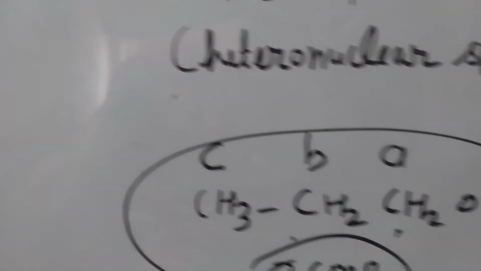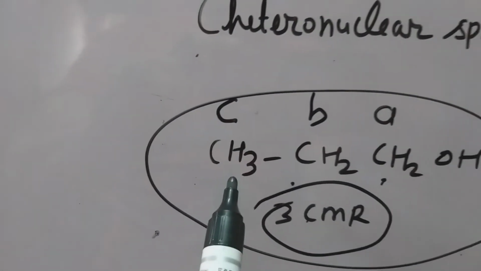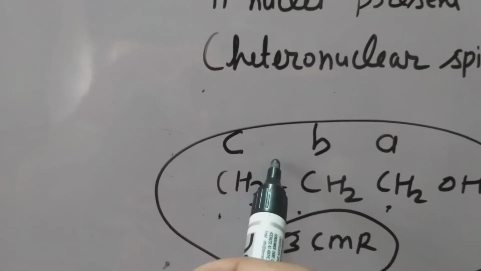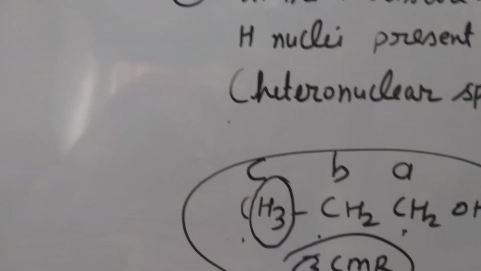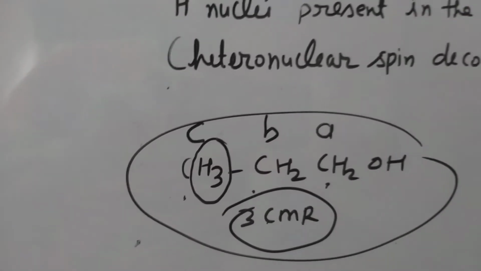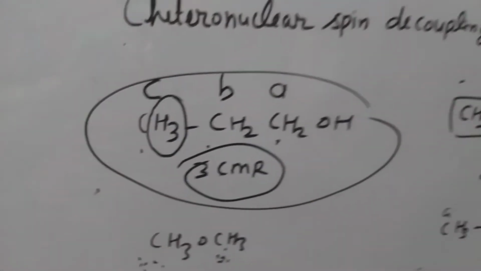Actually here we are talking about the spin coupling between the carbon 13 and the proton directly attached to it, or at the geminal position, or at the vicinal position, or in the long range.